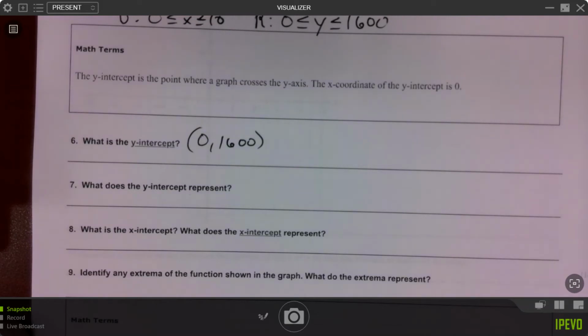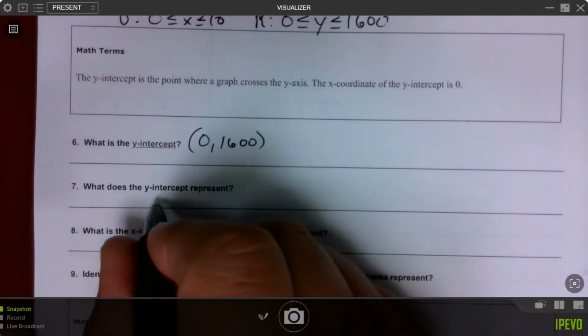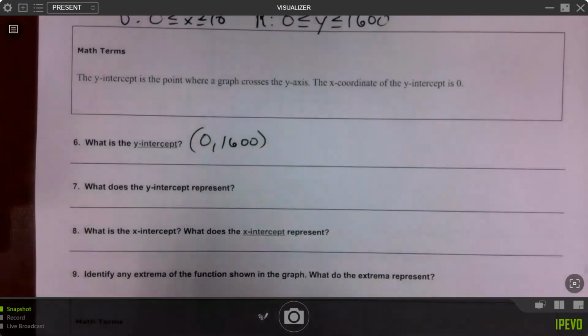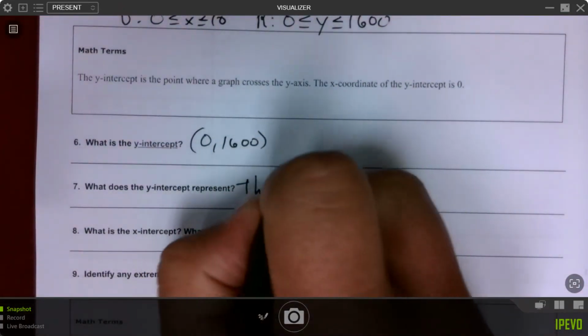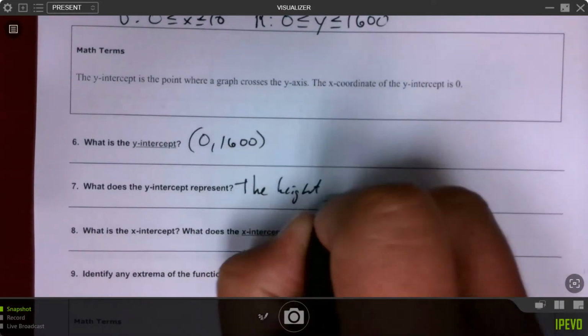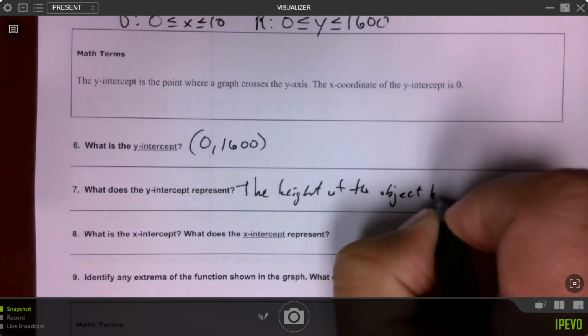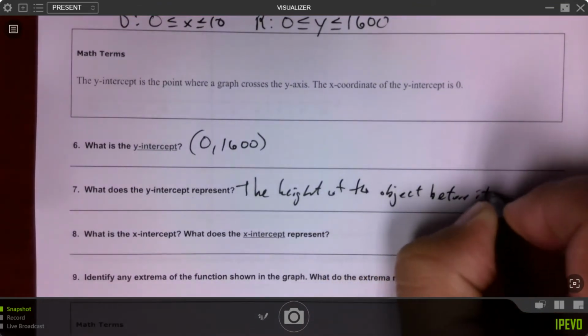It's the height of the ball before it was dropped. Remember, keep it simple. I'm going to write it as: the height of the object before it is dropped.